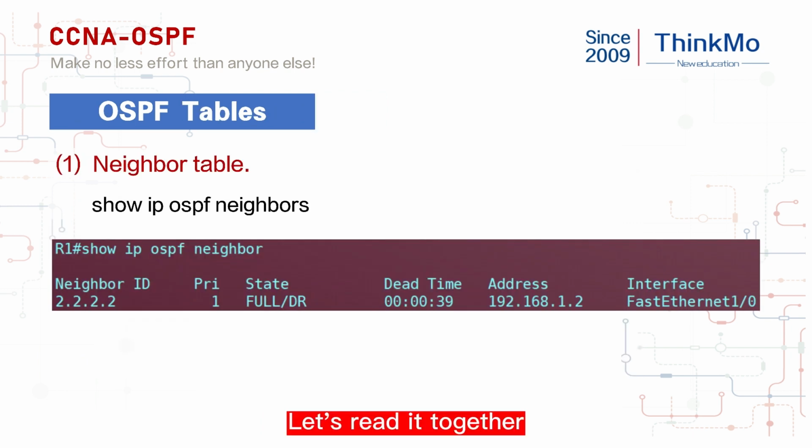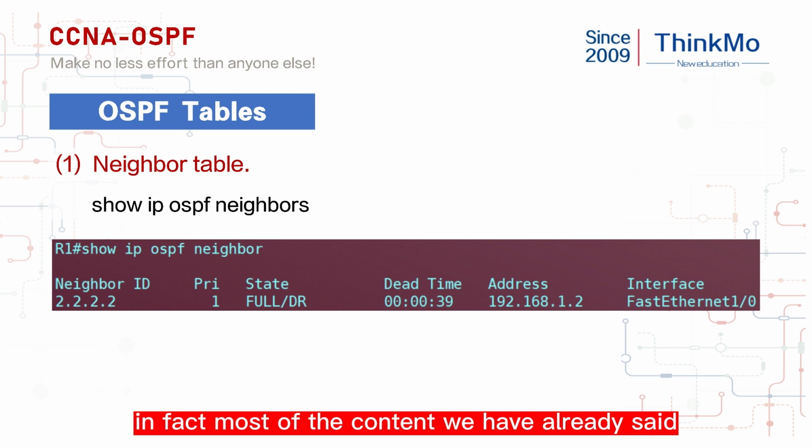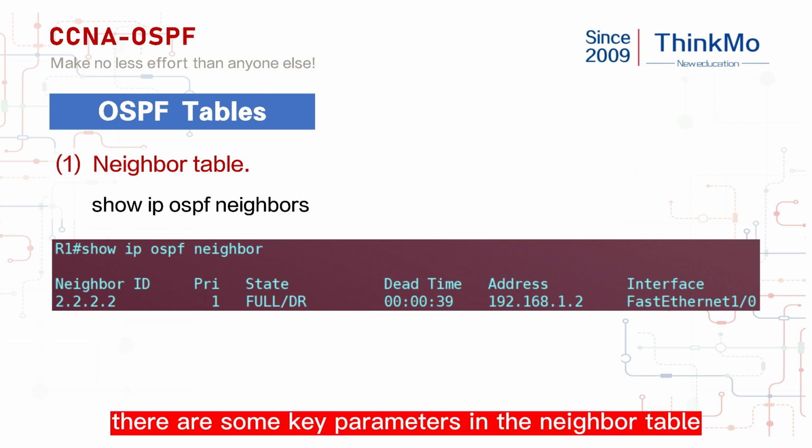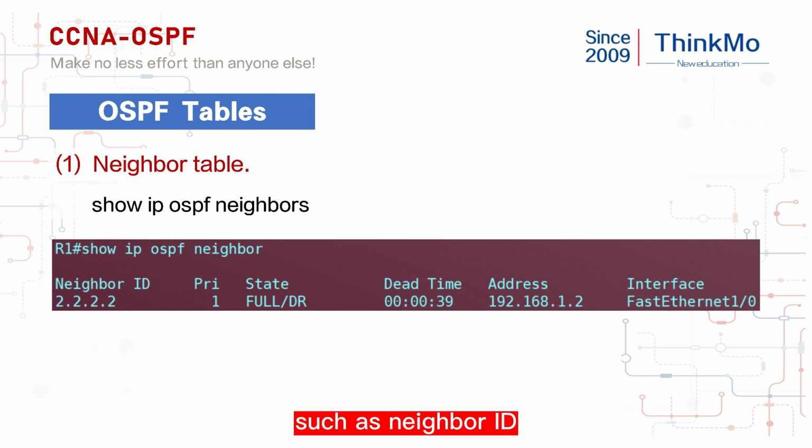Let's read it together. In fact, most of the content we have already said. First, the neighbor table. There are some key parameters in the neighbor table, such as neighbor ID. This ID is the identity. What it sees is not its own, because it is R1, and we must configure R1 to be 1.1.1.1.